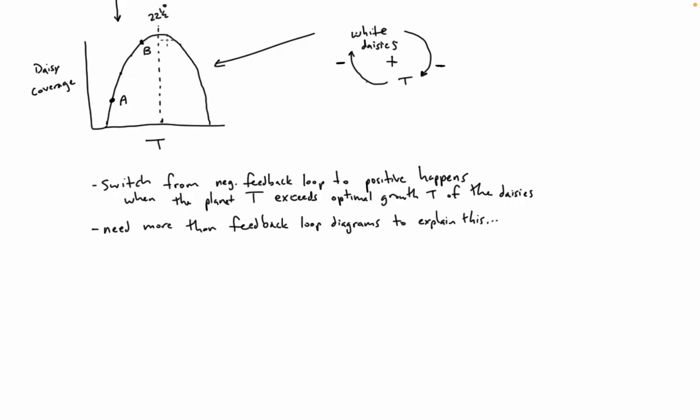This is bad though, switching over here where you're in this positive feedback loop and roasting the planet. Don't want to do that. So let's just make note of that. This diagram helps us see that point A is more stable than point B.